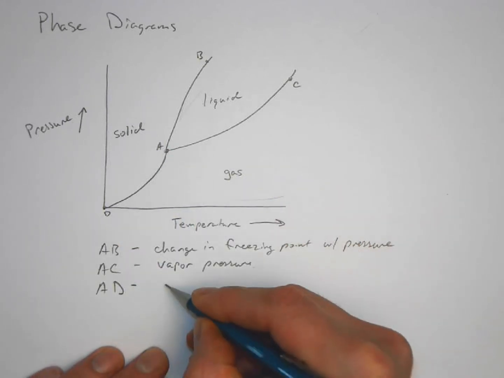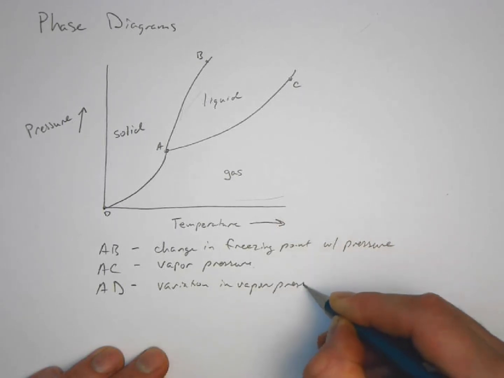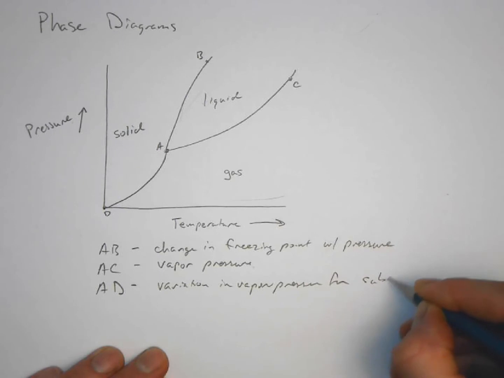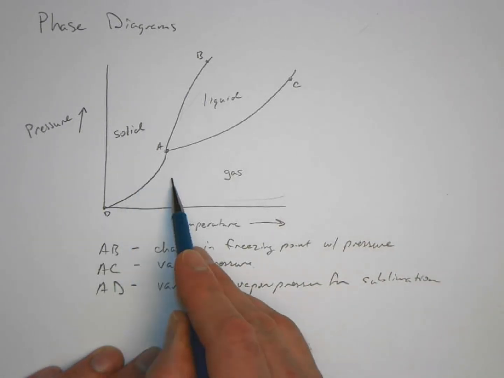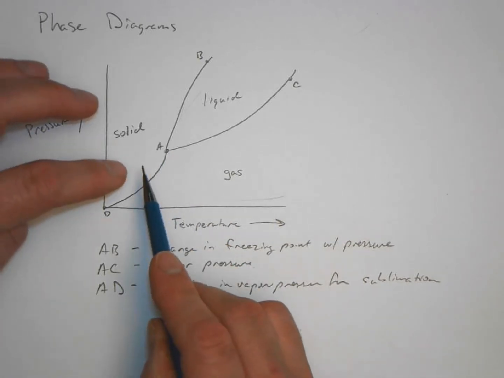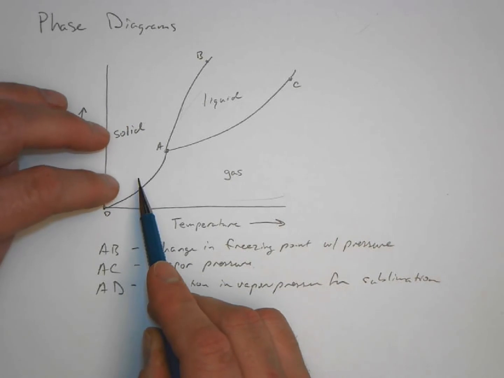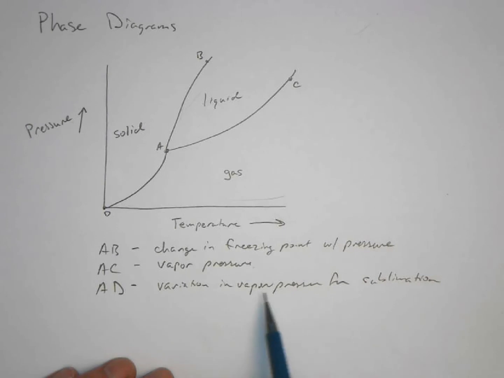This is the variation in vapor pressure for sublimation, because in this case, we're going from a solid directly to the gas. And this line is telling us what that vapor pressure would be, the pressure of the gas over that solid material, what it would be for sublimation. So there's going to be variability of that between those two things too.